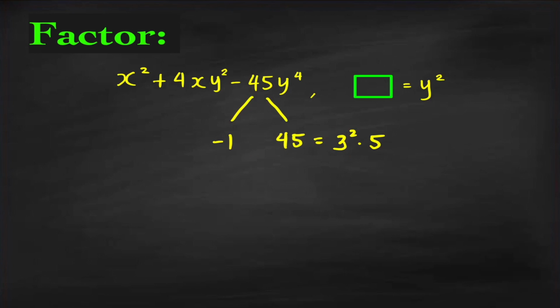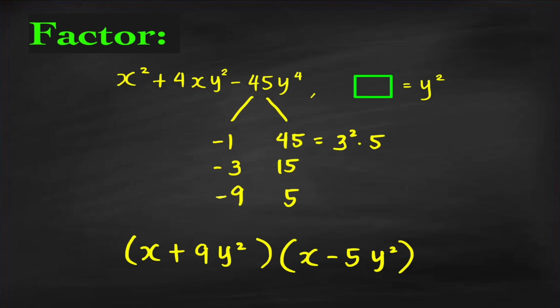So the sum is not equal to 4. We pull out a factor 3 from this, and we get negative 3, and the remaining factor is 3 times 5 or 15. The sum is still not equal to 4, so we pull out one more copy of 3, that is pulling out 3 squared, and the remaining factor is 5. But keep in mind that the sum must be a positive number.